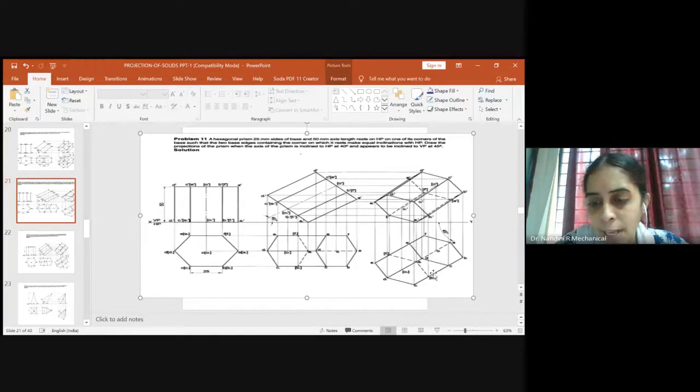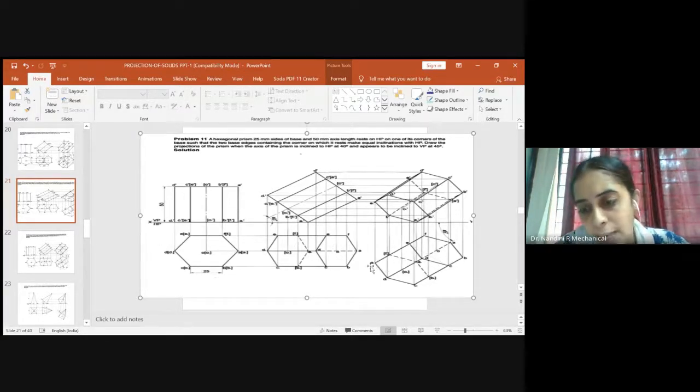On the same line, you have the other two corners, which are F1 and B1. You can either measure the distance from E to F1 or from E1 to F1. Since this line is already drawn, if you're measuring from E to F1 using the compass, keep one end of the compass at E and make a reference point for F1.